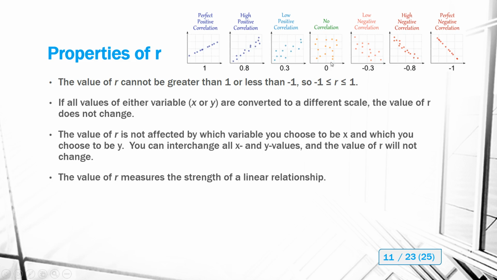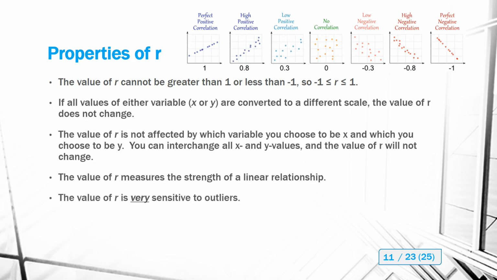The closer we get to 0, the more spread out and randomized they are. So the value of r is a measure of the strength of a linear relationship. The closer we are to the extremes of the range, the more likely our data points are going to conform to that straight line.